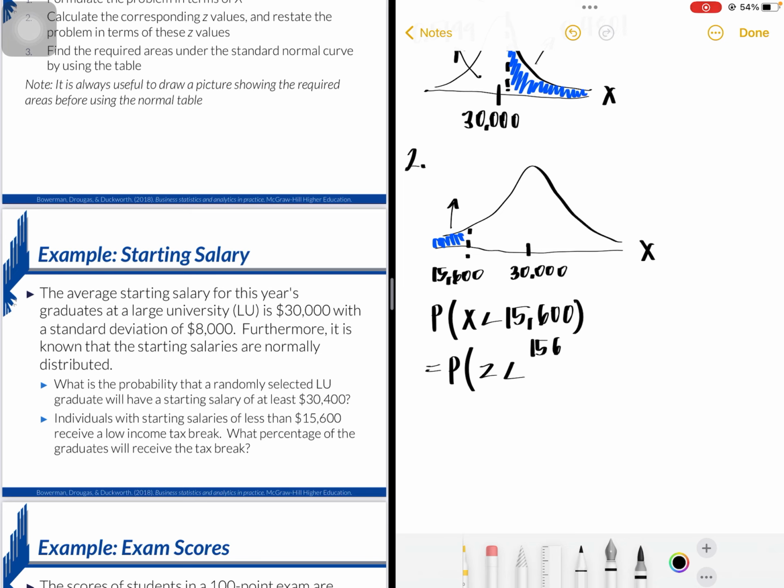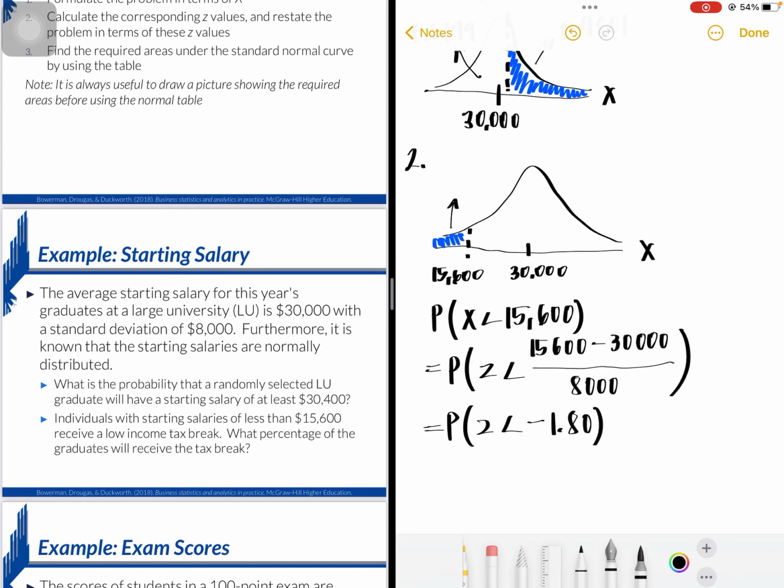That's 15,600 minus the same mean of 30,000 over the same standard deviation of 8,000. So when we solve for this using our calculators, we will get a z-score which is negative 1.80 or negative 1.8.